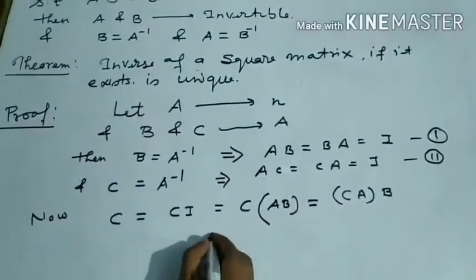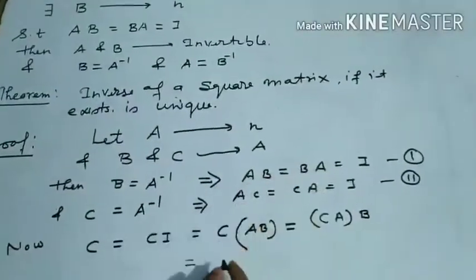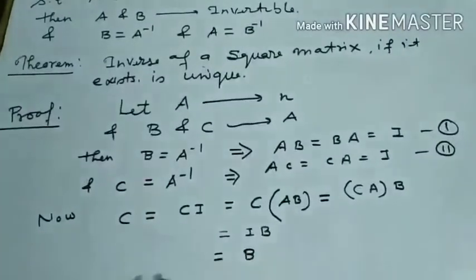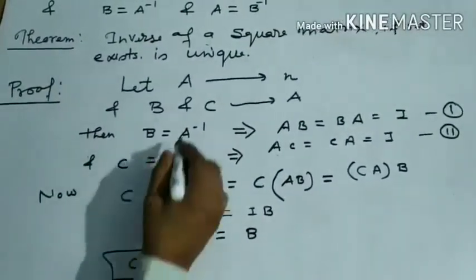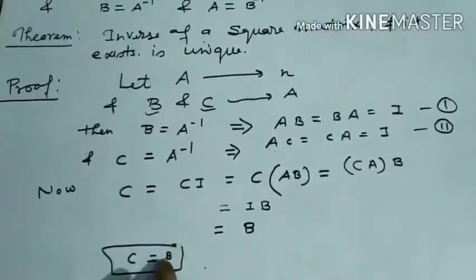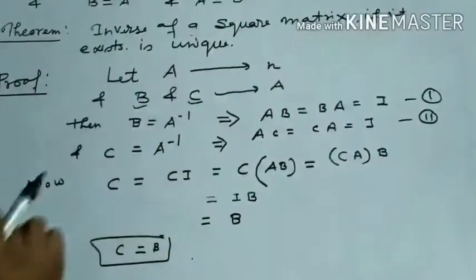Here CA is equal to the identity matrix, so this is IB, which is equal to B. It means that C is equal to B. So B and C are equal, and this is the unique inverse of matrix A.